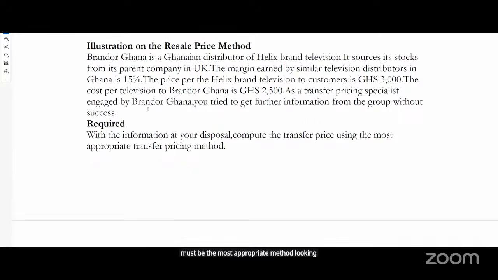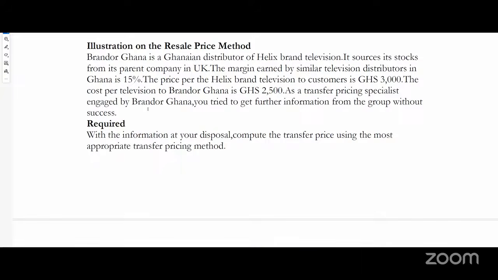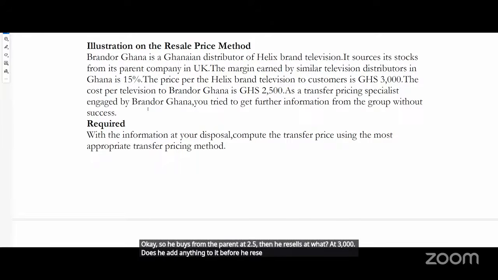Looking at this, you have to look at all facts and circumstances. He buys the TV from his parent and resells to third parties. So he buys from the parent at 2,500, then resells at 3,000. Does he add anything to it before he resells?